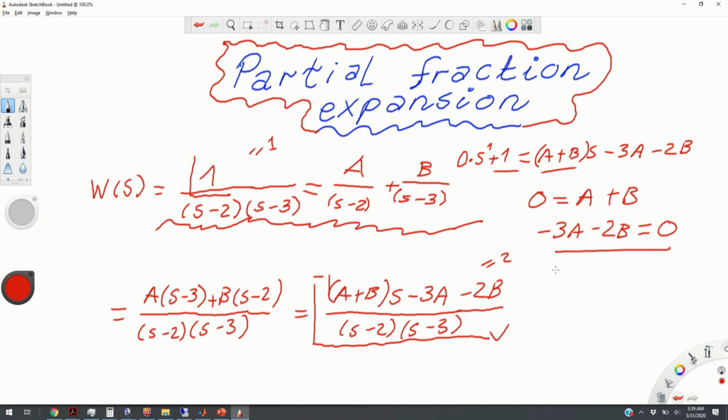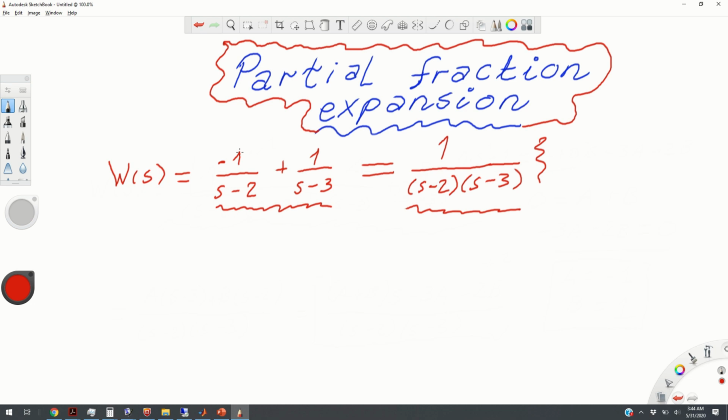By solving this system, we obtain the solutions: A is minus 1 and B is 1. So we have seen that we can write the original expression as a sum of two fractions. That's why this whole approach is called partial fraction expansion.